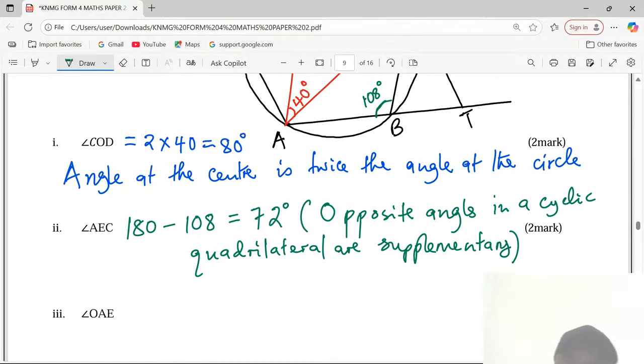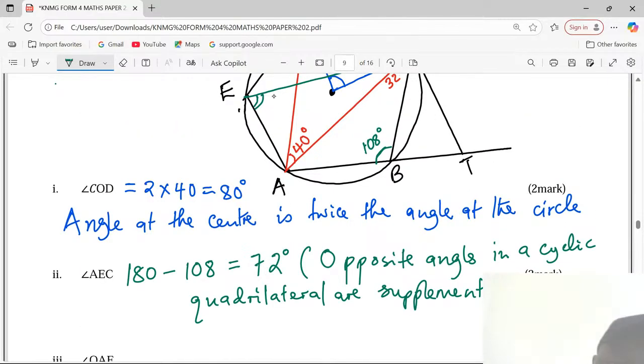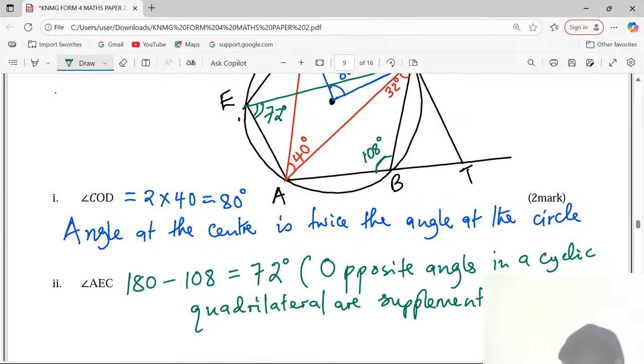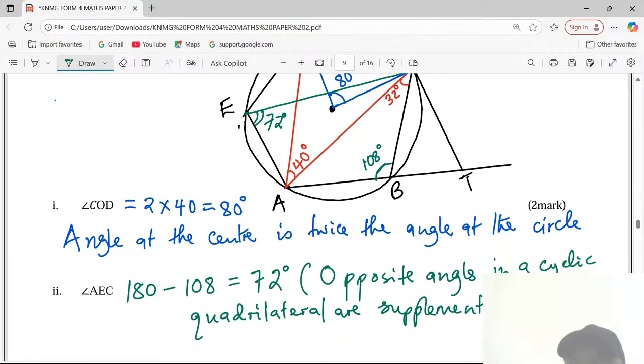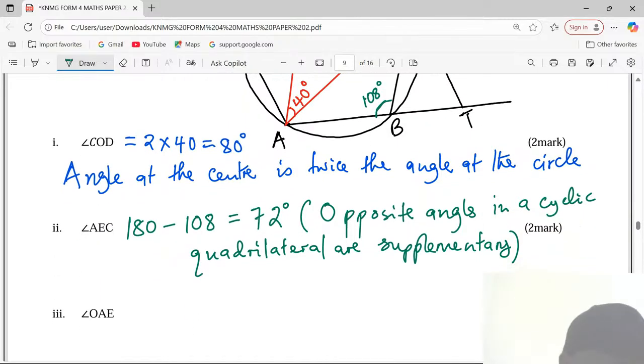So this one now becomes 72 degrees, because it is opposite 108 in a cyclic quadrilateral.